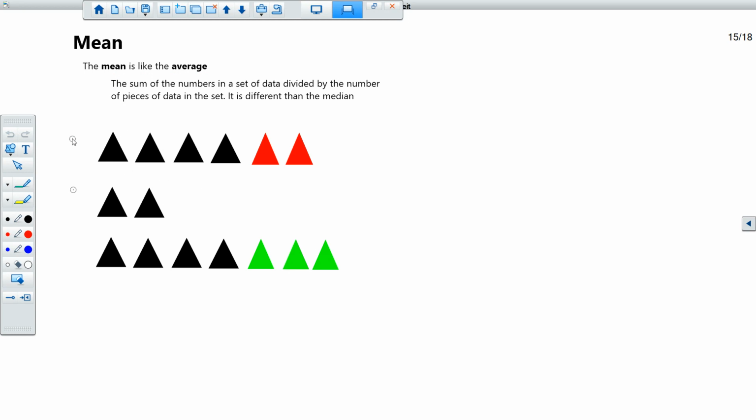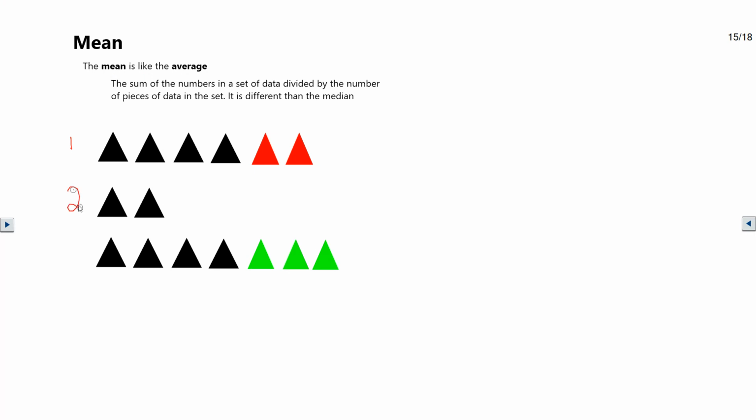How many is in set 1? Well, I know there's 1, 2, 3, 4, 5, 6. There's 6 of them. Set 2 has 2. And set 3 has 1, 2, 3, 4, 5, 6, 7. That's all the numbers right there.